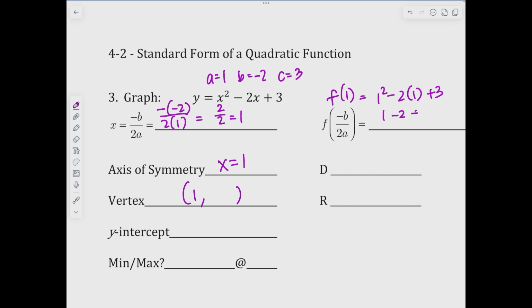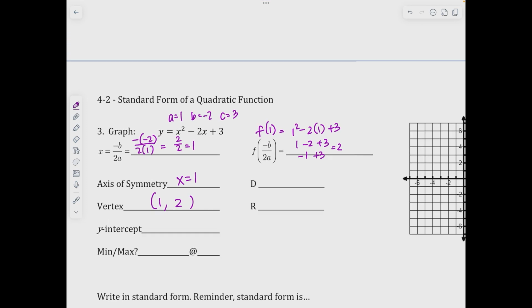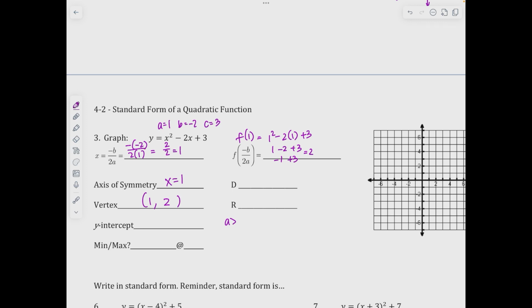So 1 minus 2 plus 3, I'm looking at negative 1 plus 3, so positive 2. So my vertex is at 1, 2. My a value is positive. I'm opening up, so my vertex is at 1, 2. That means that I have a minimum value of 2 at x equals 1. My domain is from negative to positive infinity. Because it's a minimum, 2 is the lowest value, infinity is the highest.